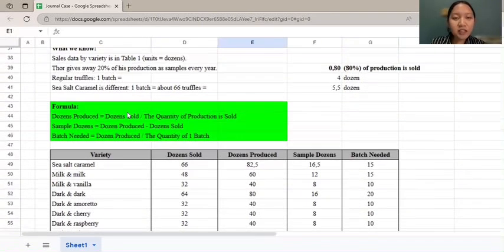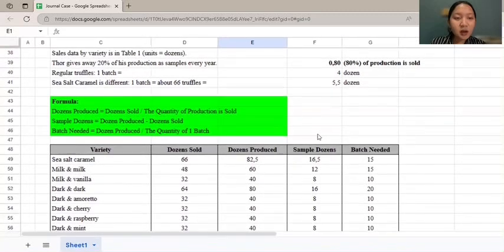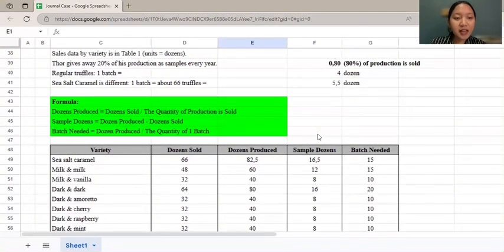The formulas in Excel are: dozens produced is dozens sold divided by the proportion of production that is sold. Sample dozens is dozens produced minus dozens sold, and batches needed is dozens produced divided by the quantity of one batch.